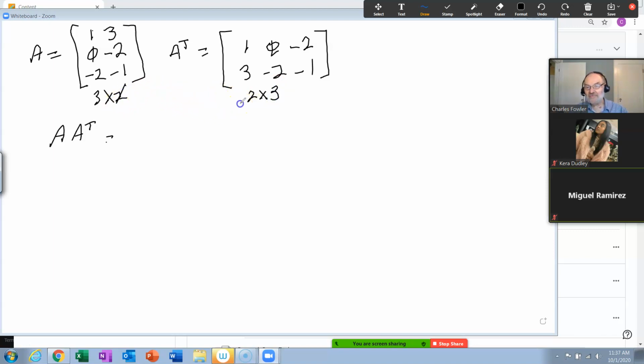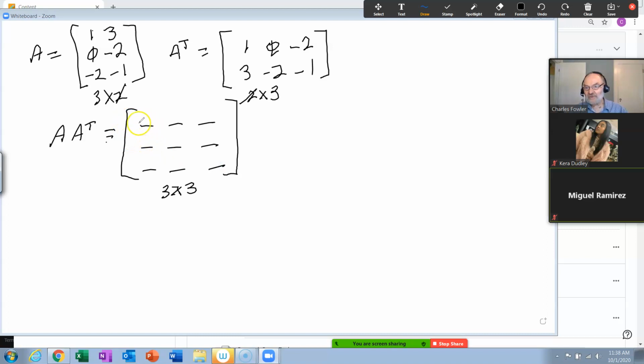Yes, we can, because the inner numbers are the same. Wipe them out, and that gives the size of A times A transpose to be a 3 by 3. See why that's true? So therefore, A times A transpose is going to be a 3 by 3. 3 columns, 3 rows.